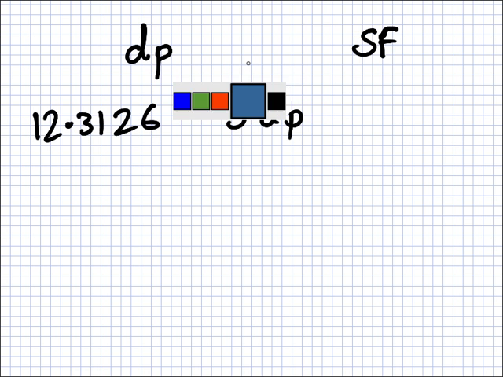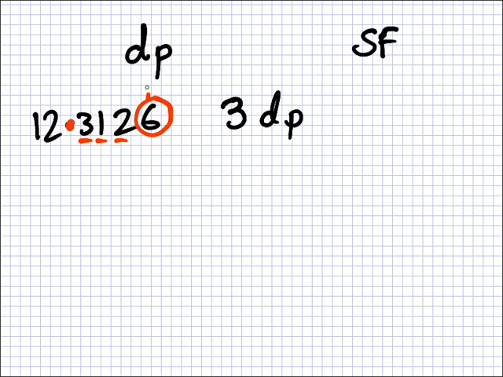So that means you want only 3 numbers after the point, 1, 2, 3. So because of the 6 here, this one is going to round up. So the answer will then be 12.313. Okay? How does this compare to SF?